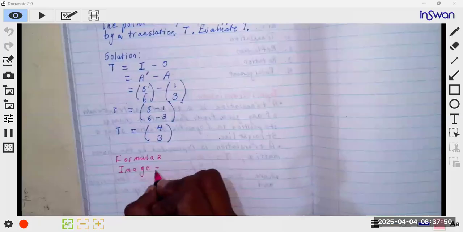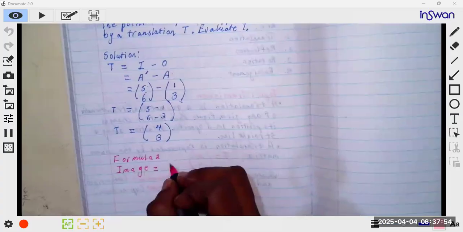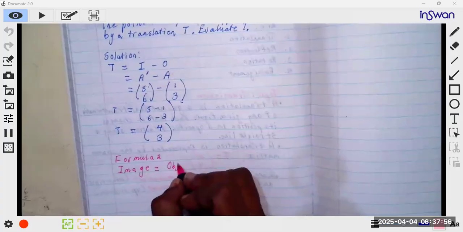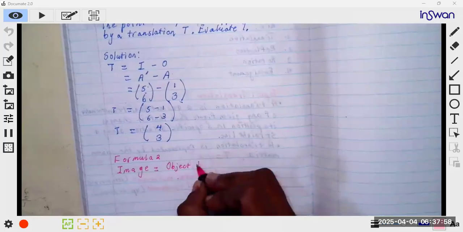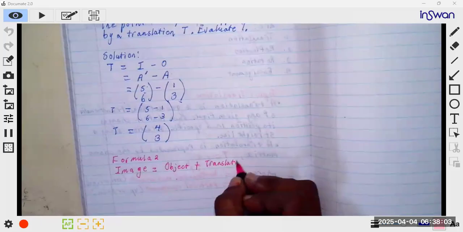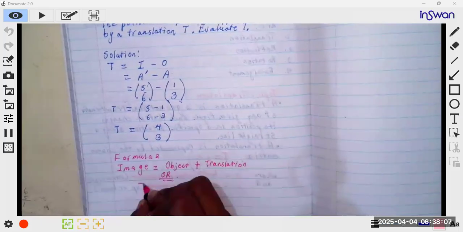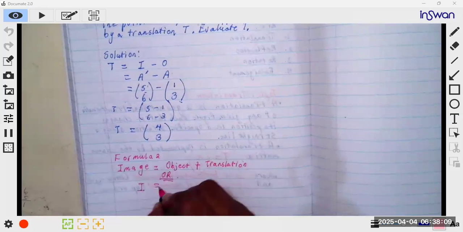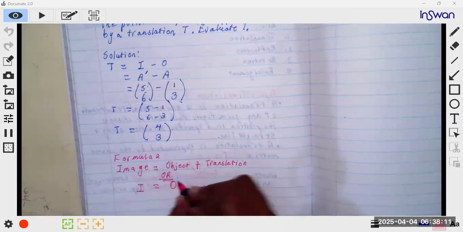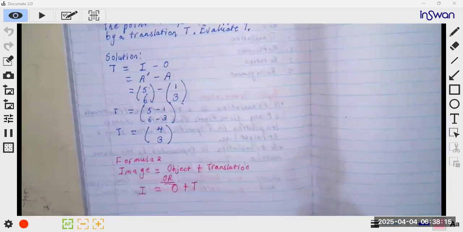To find your image, the image is equal to the object plus the translation. Or in shortened form, I is equal to the object O plus the translation vector. And then I'll start with an example.